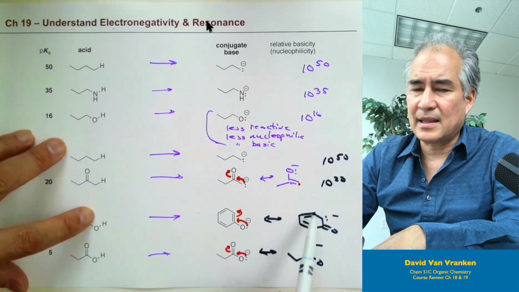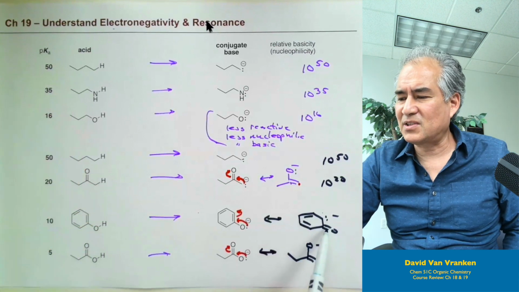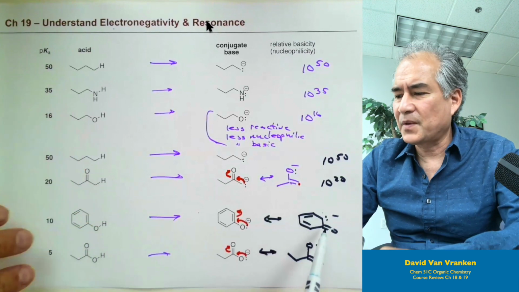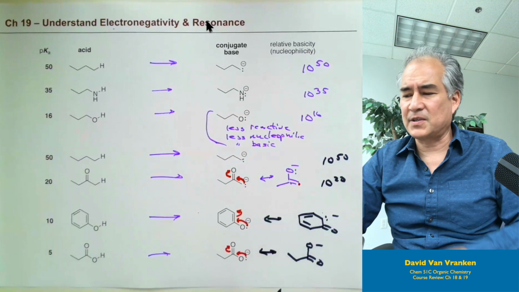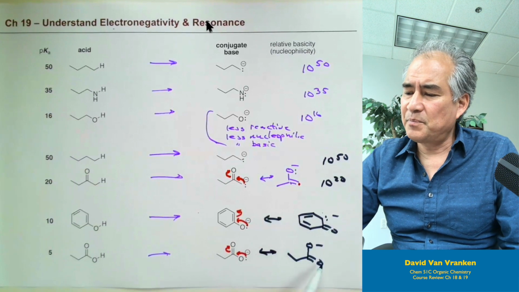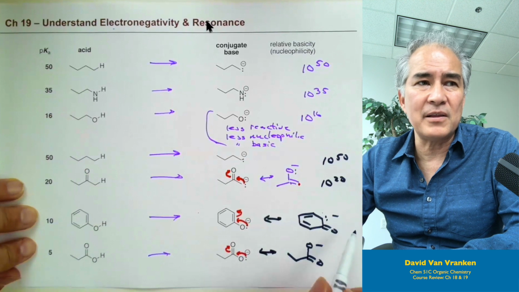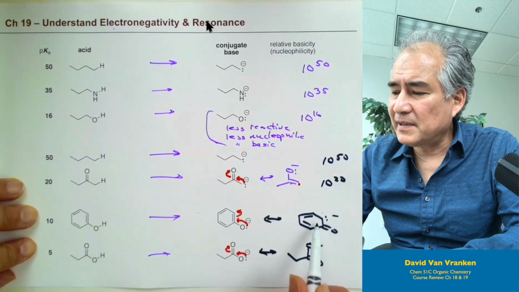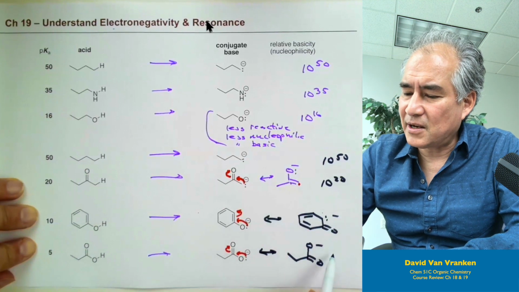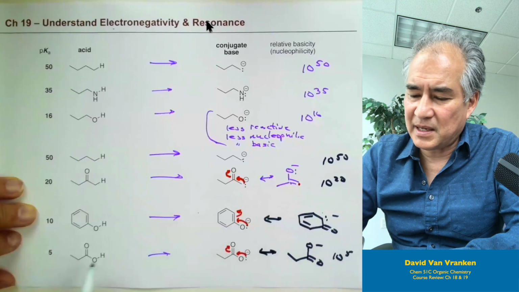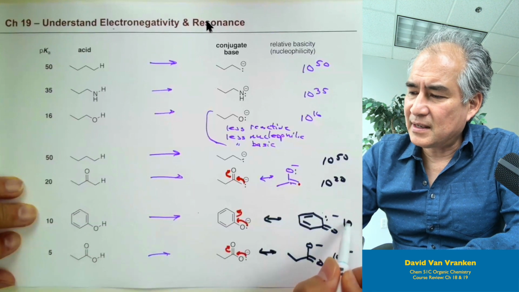It's not 6 electrons in a cyclic array, because it skips where there's this carbonyl, this double bond sticking off the side of the ring. So pushing the electrons onto another electronegative atom is certainly better. If I look at the relative nucleophilicity of all these species here, this would be 10 to the 5, the pKa is 5. This would be 10 to the 10.